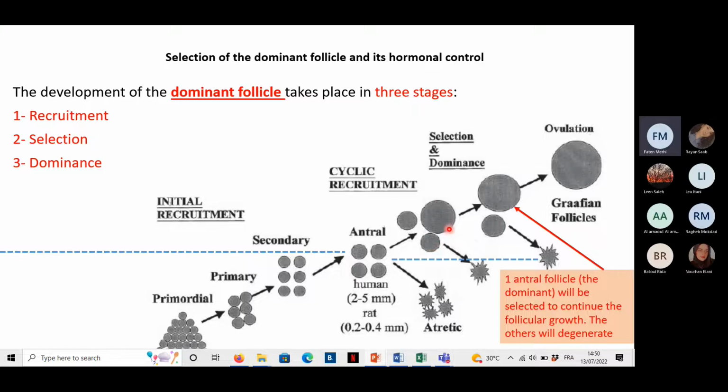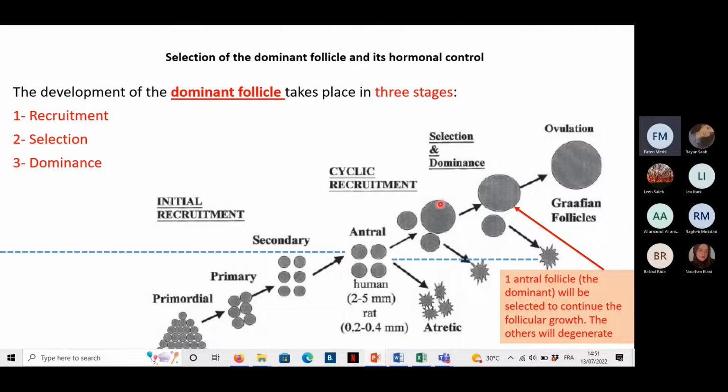And this is because the levels of FSH produced at this moment are lower than the threshold we need, okay, to have a growth or a development of those follicles. If the levels are below this threshold, those follicles cannot survive.